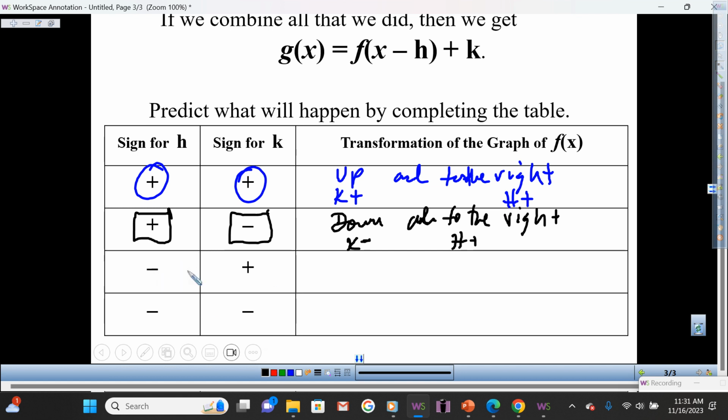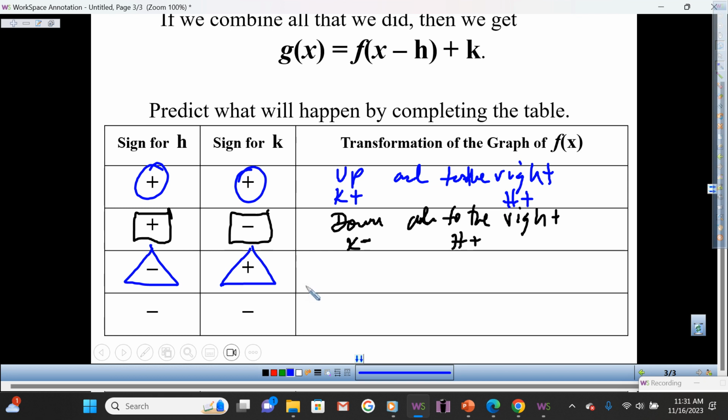Next, show your neighbor the next row. What happens to the function? And then Clarissa's going to pass it to someone. All right, Clarissa, pass someone. Let's go. I'm going to pick someone.